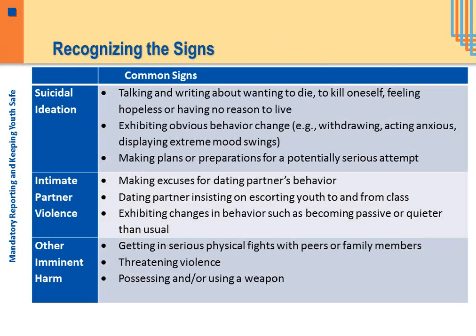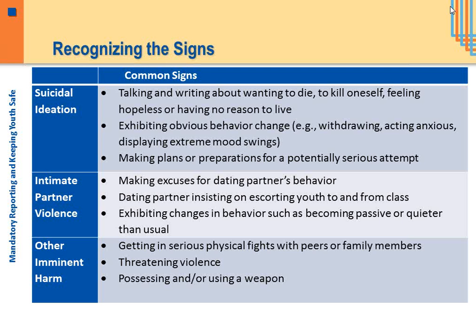So here's another chart of some of the common signs for suicidal ideation, intimate partner violence, and other imminent harm. So an obvious and alarming sign of suicidal ideation is if you learn that a teen has actually started to make plans to attempt suicide, and that would include obtaining a weapon.